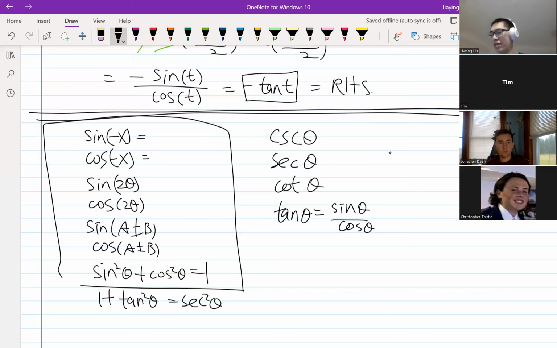I will definitely keep in mind to provide them for you if you need them. But other than that, given any problem, you should be able to use whatever we have over here to solve it. You can always convert everything back to sine and cosine to solve anything.